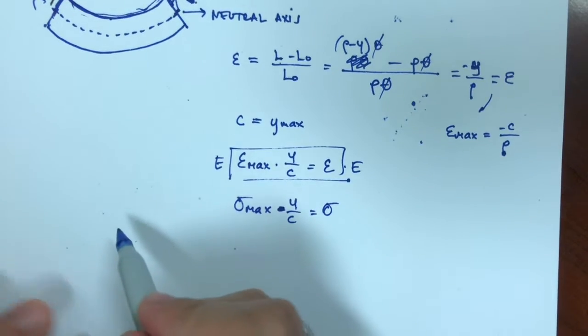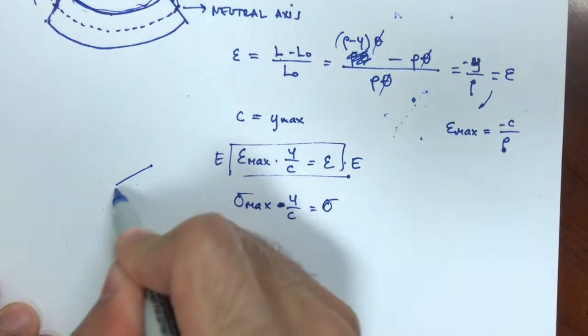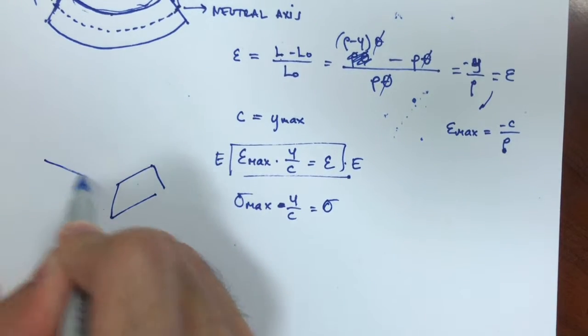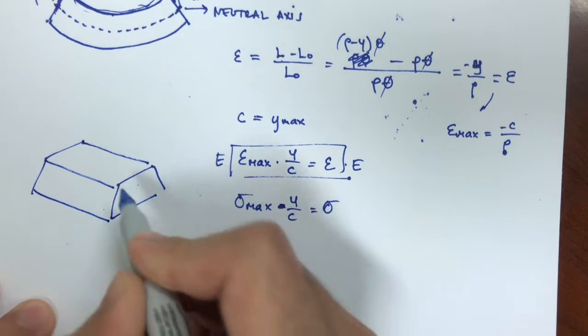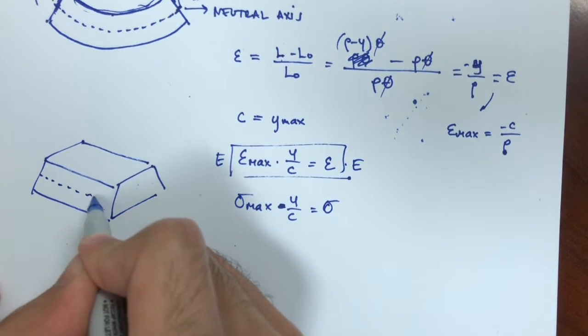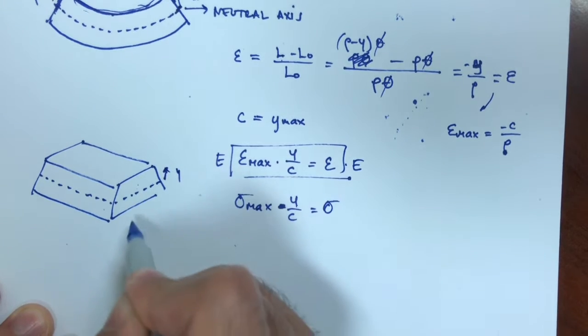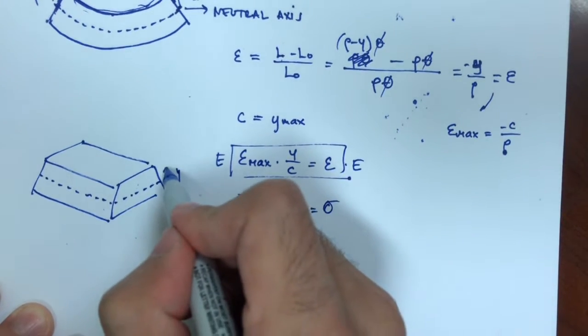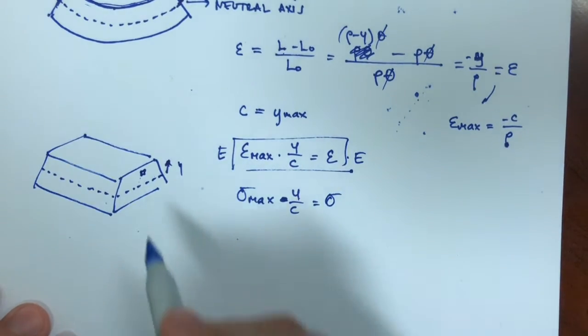So if I look at a beam, if I have any shape of beam, and let's say this is already a cut, I will find my neutral axis. If I move a distance of y in the y direction, I would find a tiny element of stress here.